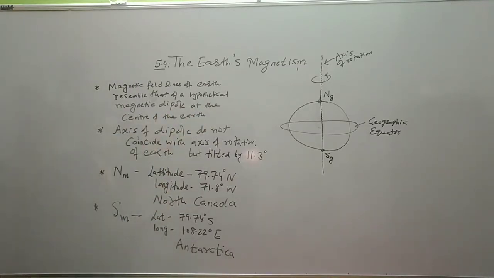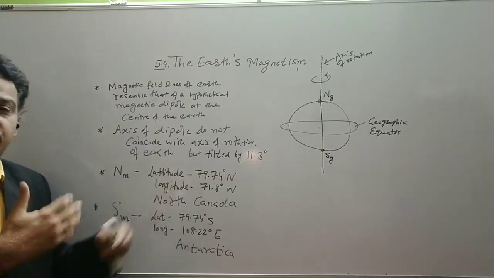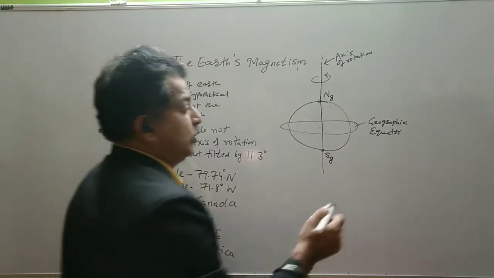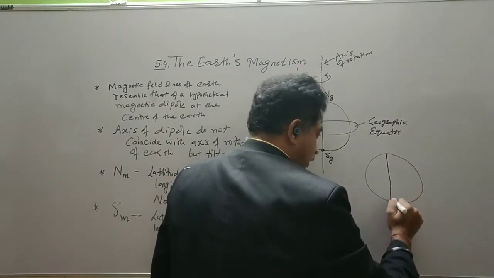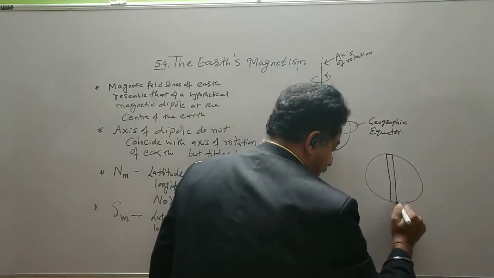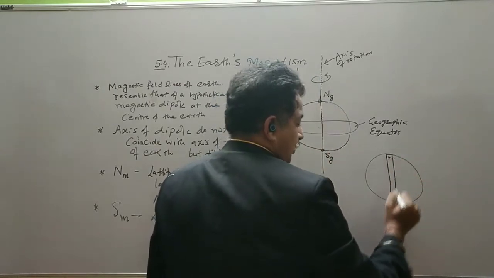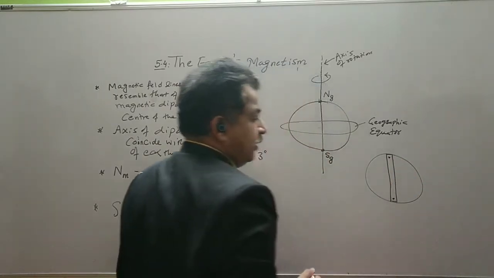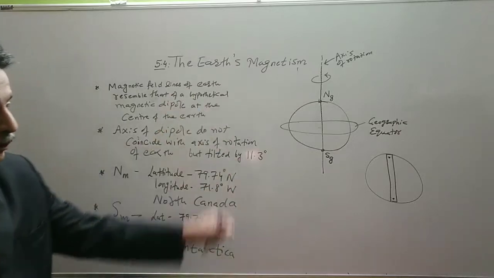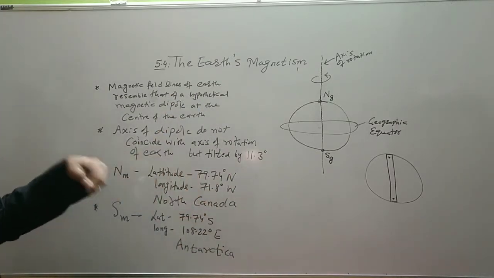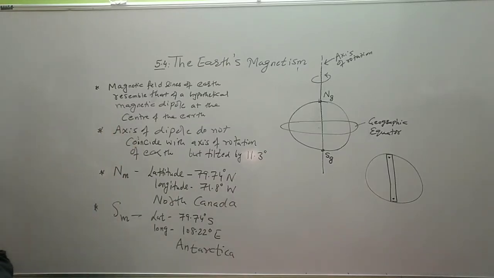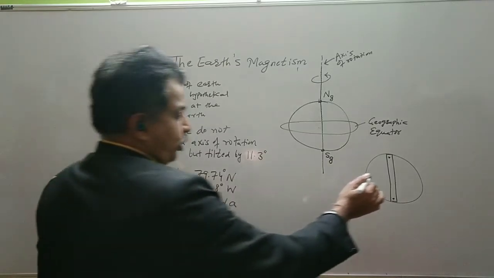Now the axis of the dipole. Earlier it was assumed that inside the Earth there is a huge bar magnet, due to which we experience the magnetic property of the Earth. This theory was proved wrong.